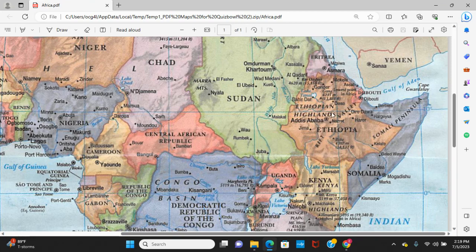Ethiopia also is the place where there has been a break-off group fighting, and so it is on the, shall we say, precipice of perhaps civil war. I forget the exact name of the group, but nevertheless, it is something that would come up in clues as it is going on right now.